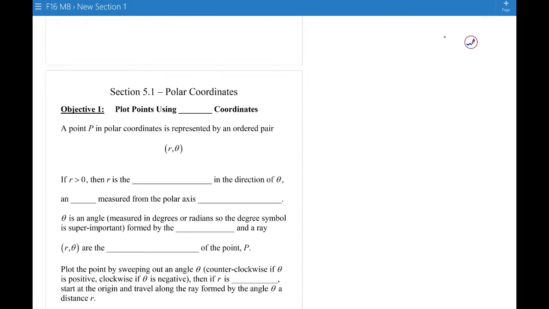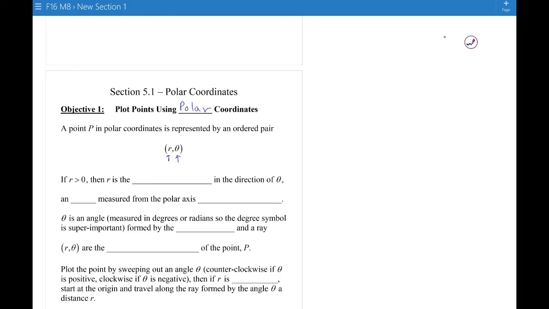So we're going to plot points using polar coordinates. If you have a point P in polar coordinates, it's represented by an ordered pair (r, θ). So the order is important. It's r, θ, and it's essential that you put a degree symbol if the θ is in degrees, and that you don't put one if the θ is in radians.